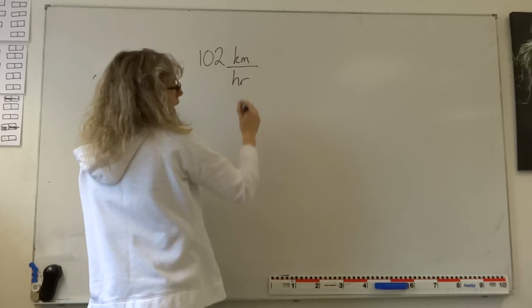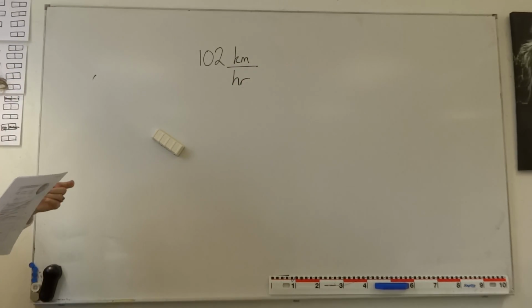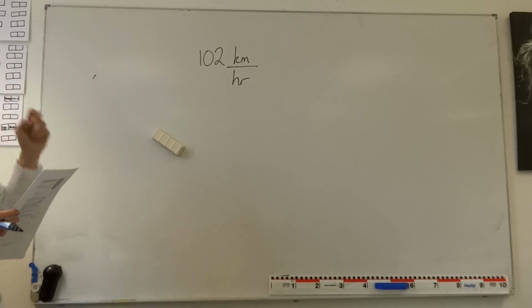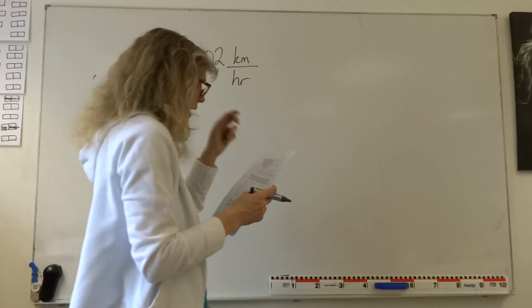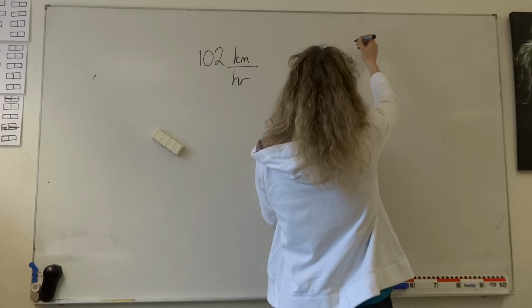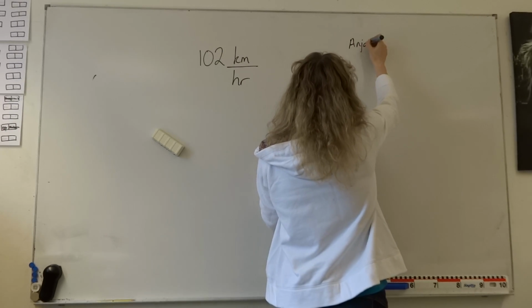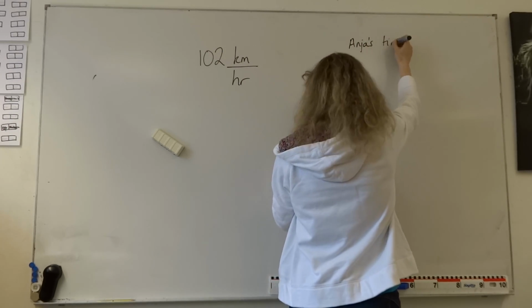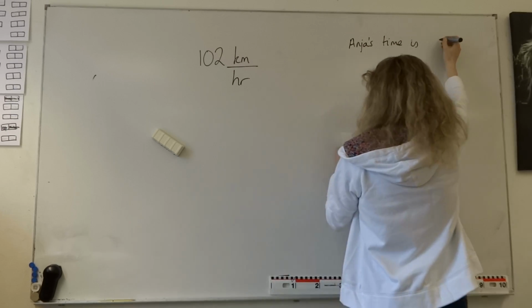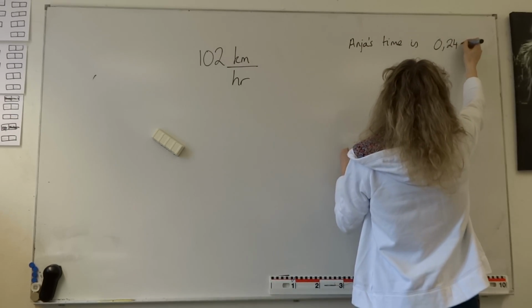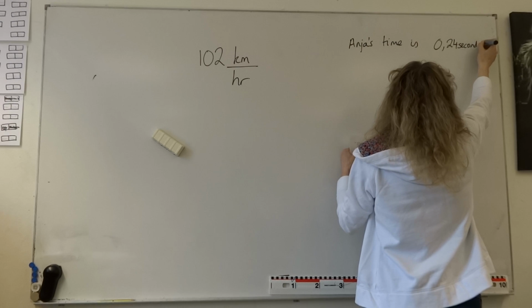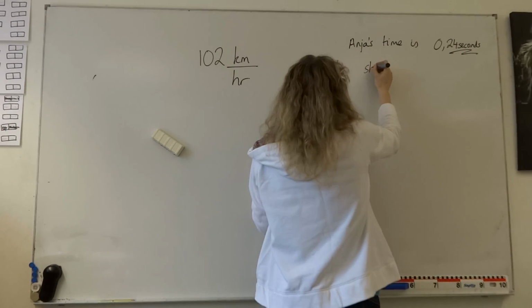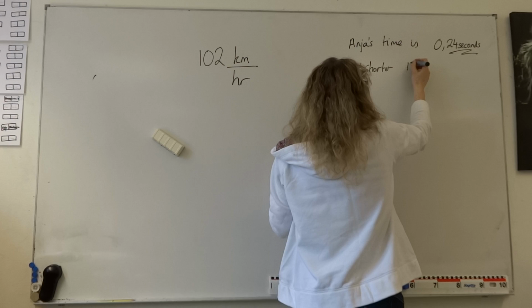That's her speed. And then we're discussing that Anja's time is 0.24 seconds, which doesn't sound a lot, shorter than the second place.